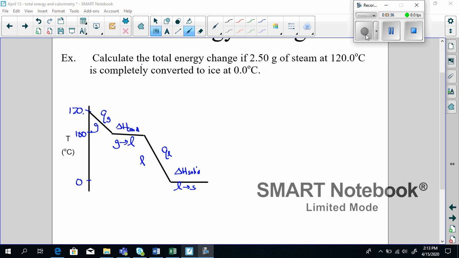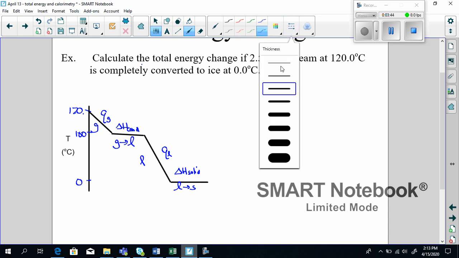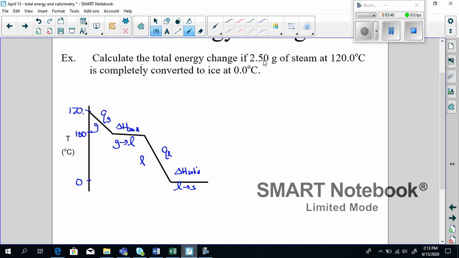Now that we have our curve and we have 4 sections on our curve, we can go ahead and write our total energy equation that we're going to use at the end. Again, all we're doing in every total energy question is making a sum of all of our different points on our curve. So we have 4 points here.